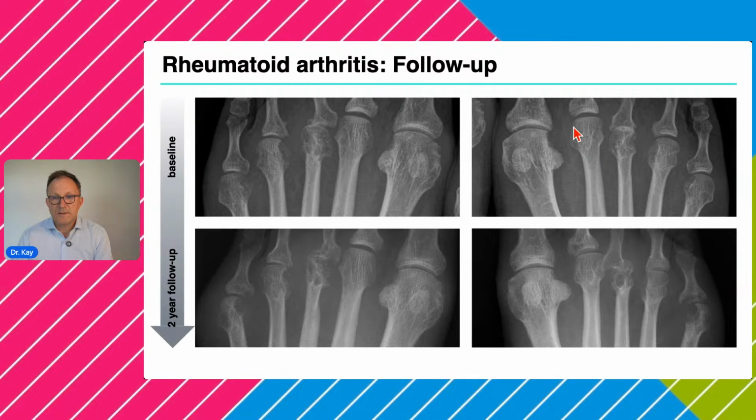Looking here at the second joint, it looks normal. Now we have cystic changes here, maybe some early erosion over here. Here we already had some severe destruction with erosions, now leading to subluxation and cross destruction. This joint more or less is stable. And here, at the fifth MTP joint, we see some small cystic changes.